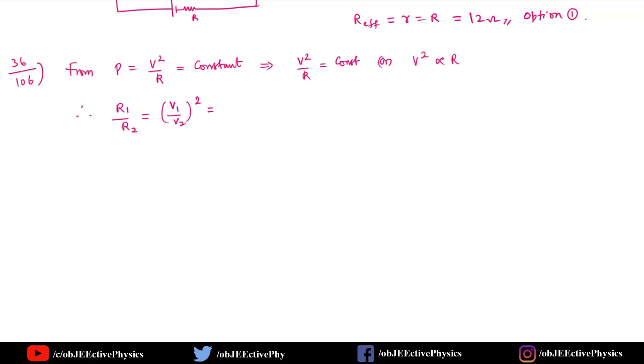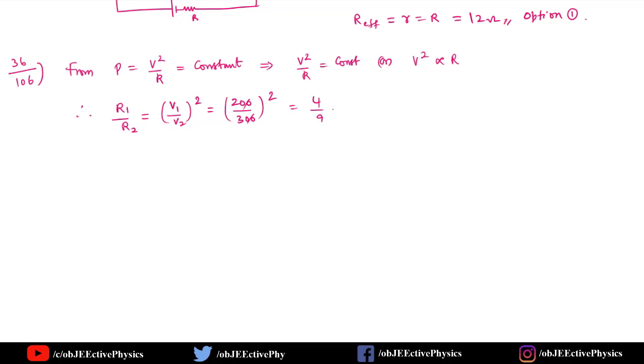Here V1 is 200 and V2 is 300, whole square. That is equal to 100 cancel, 2 square is 4, 3 square is 9. So the ratio of the resistances R1 to R2 is 4:9.